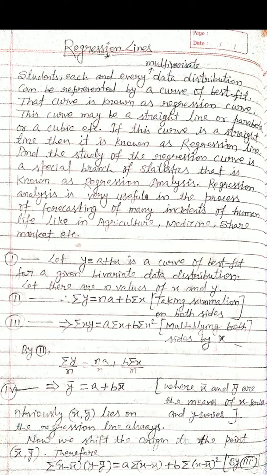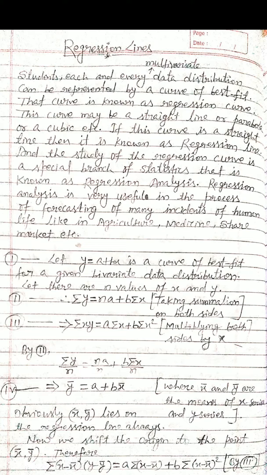The other is dependency, that is, how dependent one variable is on another. That is the indicator of regression line. What's the relation? That is correlation. What's the dependency? That is the regression line. This is the fundamental difference between these two concepts.